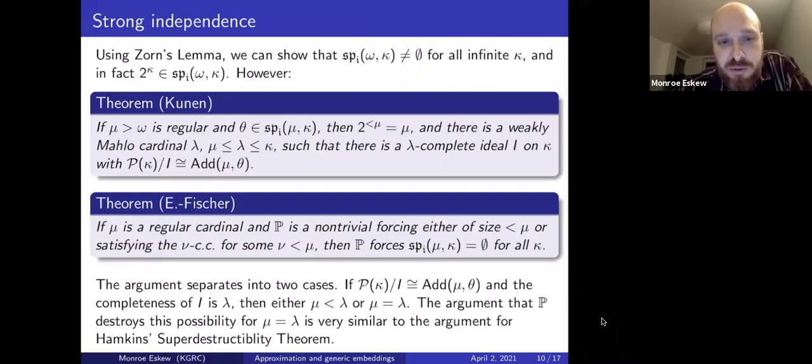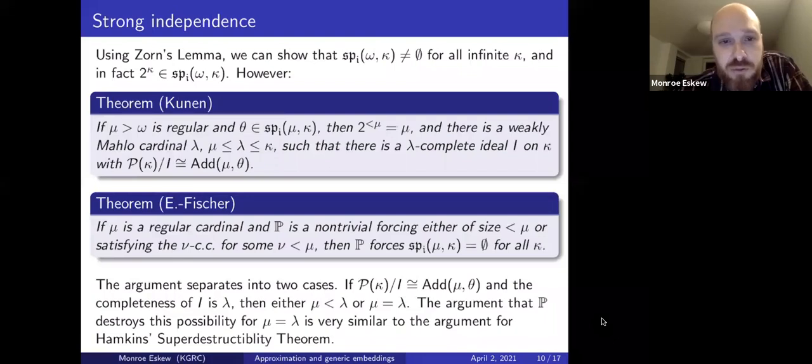It could be equal to mu, but if you start with some mu that you know is small, then it's going to be very large, much larger than mu. There's this weakly inaccessible lambda, and a lambda-complete ideal I on kappa with P(kappa)/I forcing equivalent to adding theta many subsets of mu, where theta is the size of some maximal independent family.